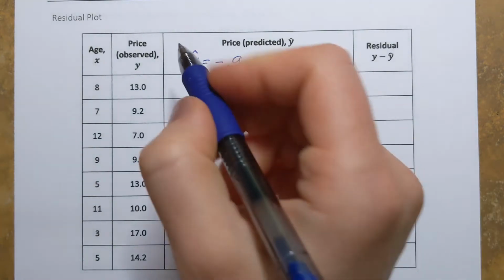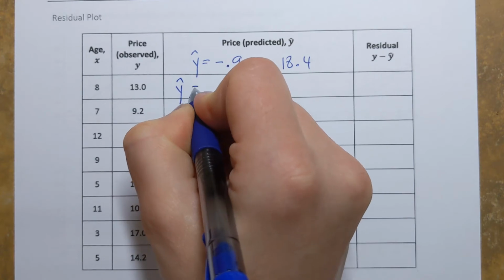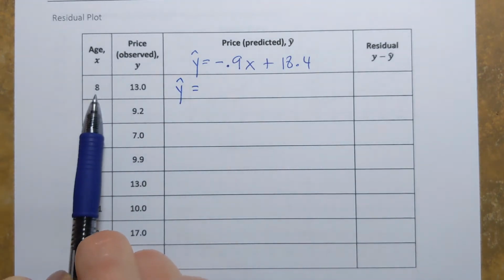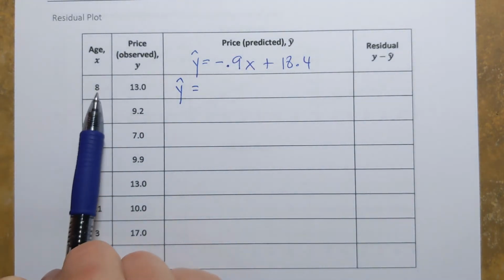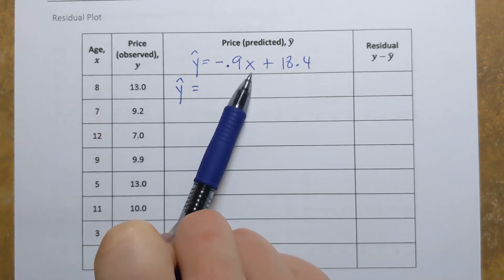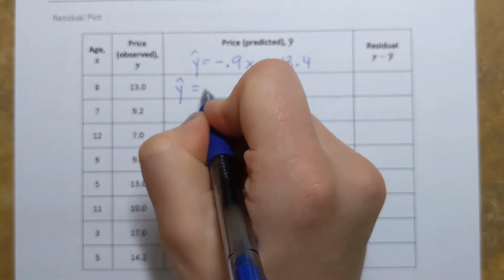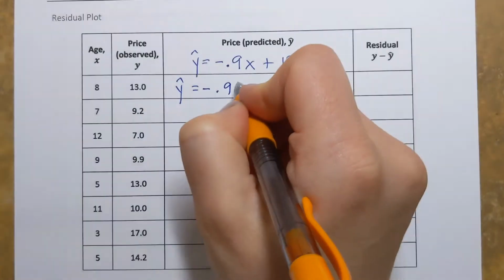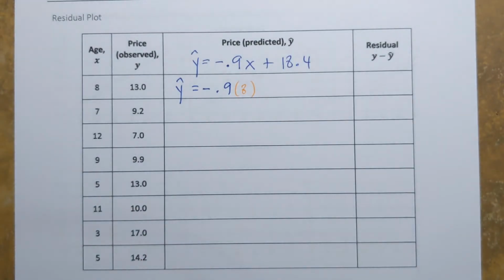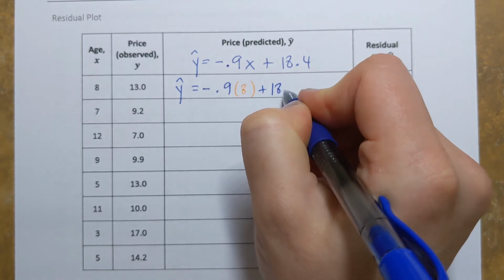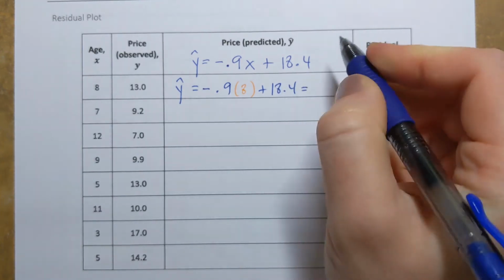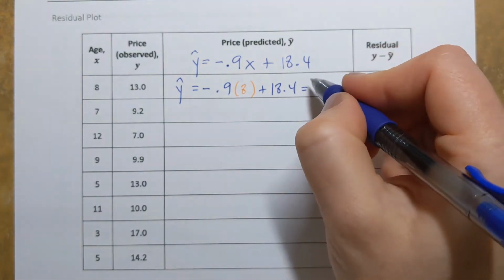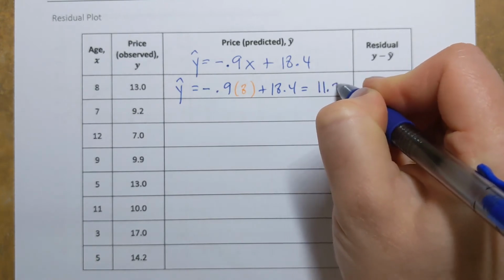In other words, to find y hat, we'll just plug in each value of the explanatory variable from the table for x and compute y hat. So it's negative 0.9 times 8 plus 18.4. And we already did that in the previous exercise. We know it's 11.2.